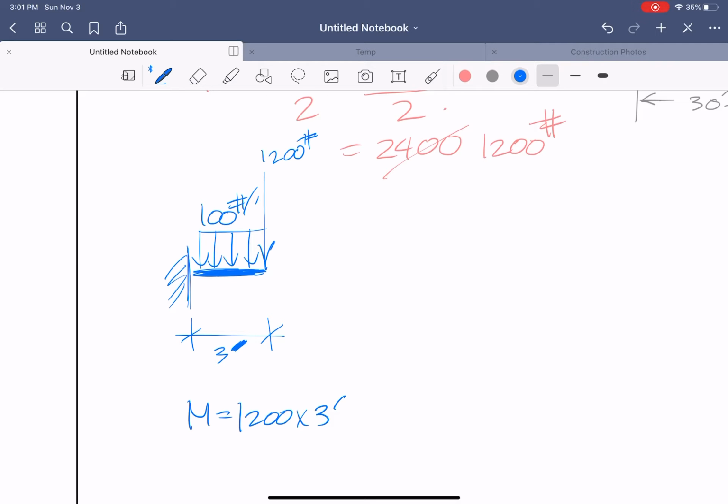And then we have, remember, the resultant, R, which is equal to 300 times the distance of 1.5, plus 300 times 1.5.